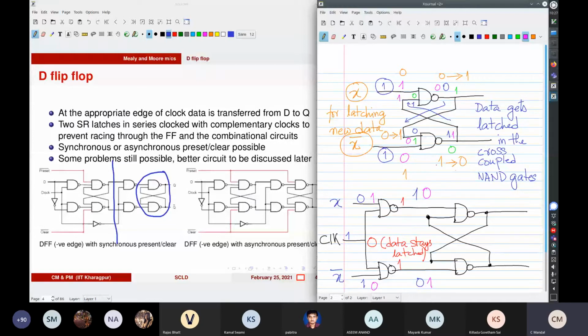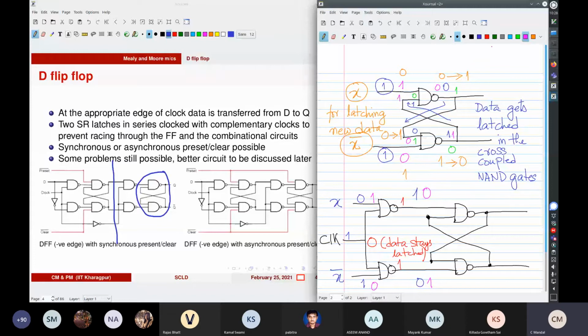So as you can see, whatever data you apply here, because the complementary item is going from 1, you're getting 0, and from 0 you're getting 1.